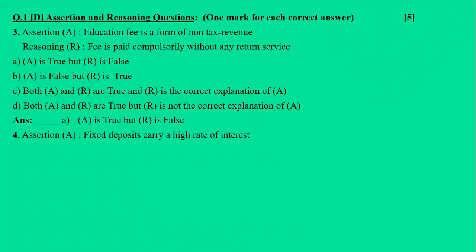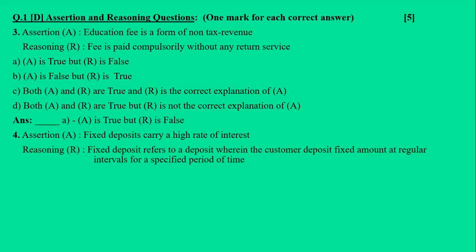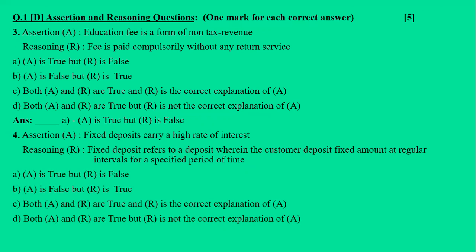Now, the fourth one. Assertion: fixed deposits carry a high rate of interest. And the reasoning is given here: fixed deposit refers to a deposit wherein the customer deposits a fixed amount at regular intervals for a specified period of time. See the options. A, A is true, but R is false.